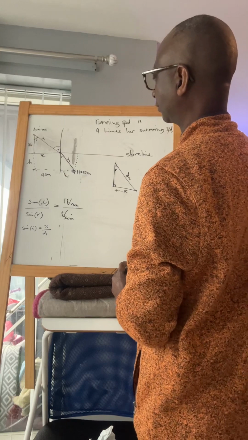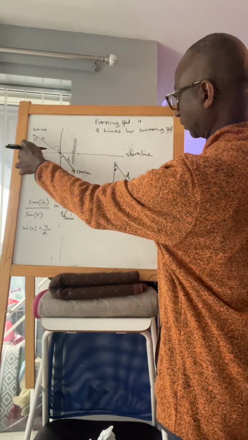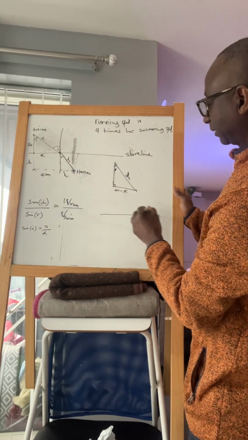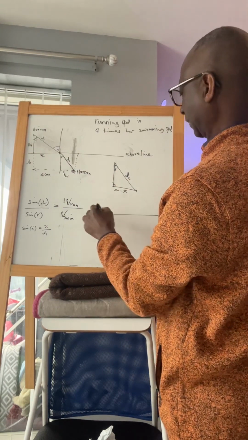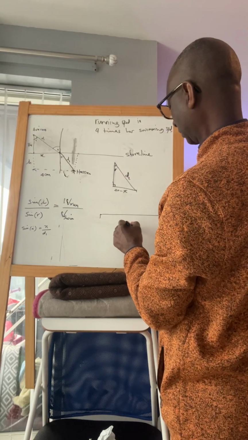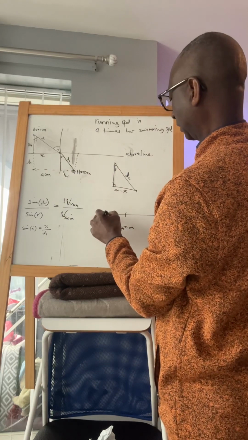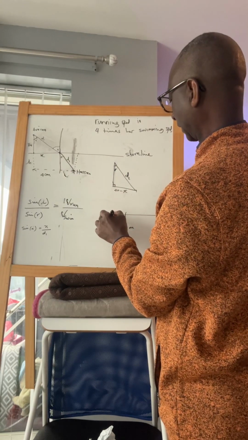Because consider the shoreline, this whole line. Consider it to be 40 meters. And somewhere here, we'll say this is x.